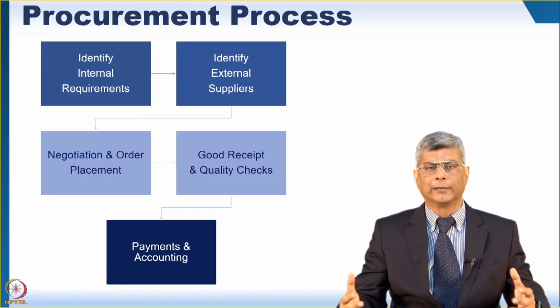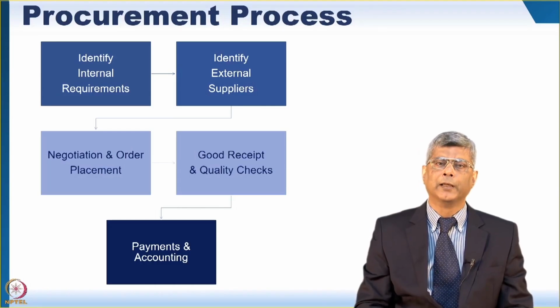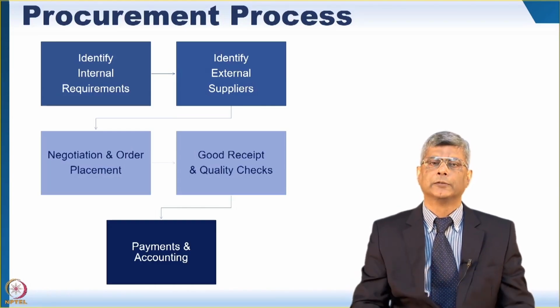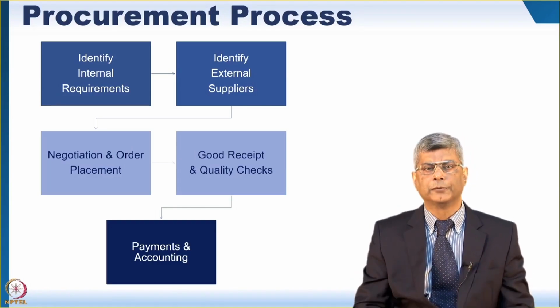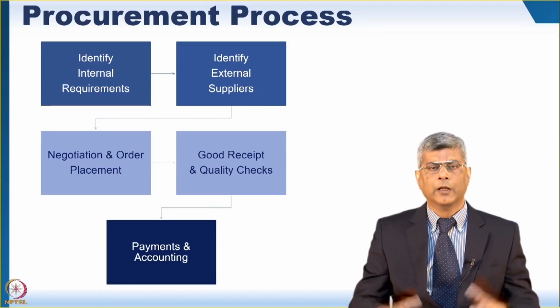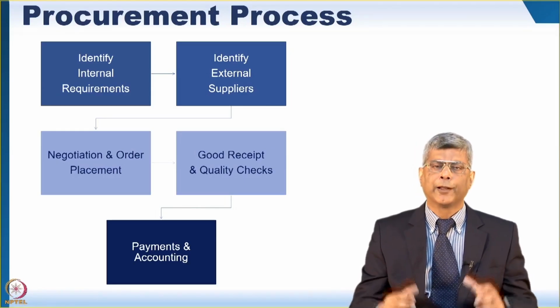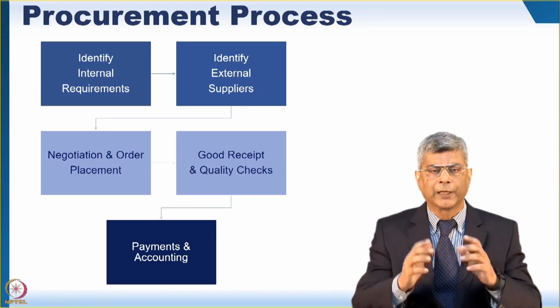If you're making goods with metal, you may have to buy thousands of tons, truck full of material, ship full of material, aeroplane full of material. So it's a complex process.